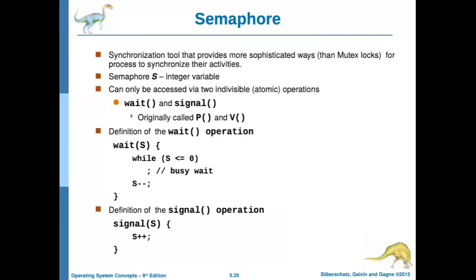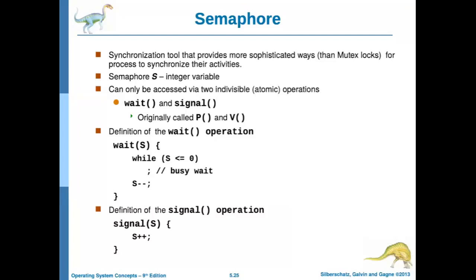Originally he gave the names P and V to the two operations. Semaphores are a more sophisticated way of implementing mutex locks, because mutex locks only work with true and false. Semaphores are now more generalized than that.